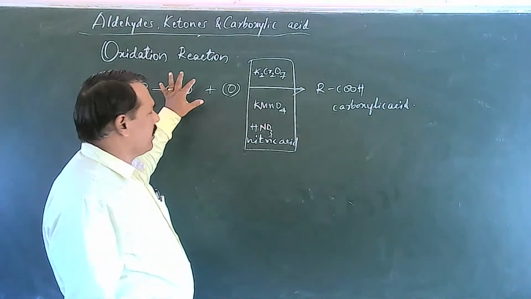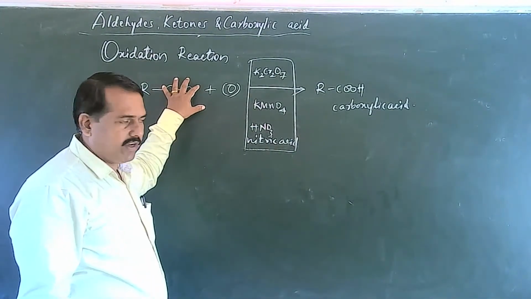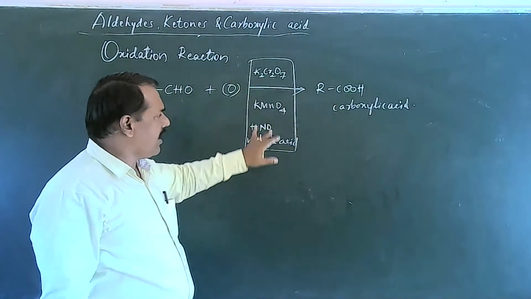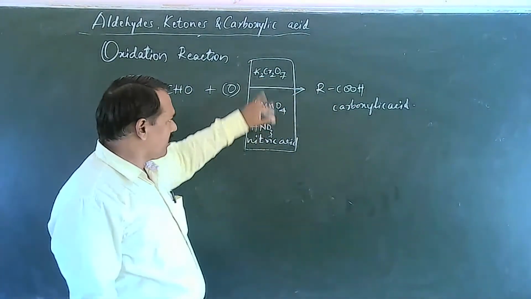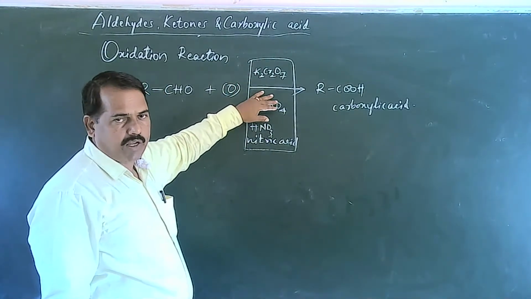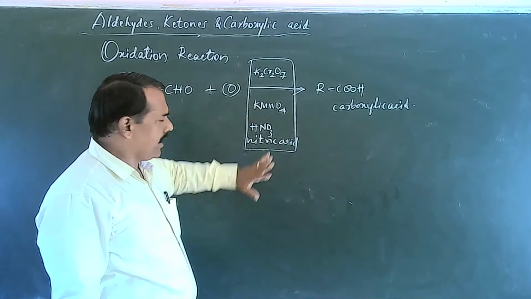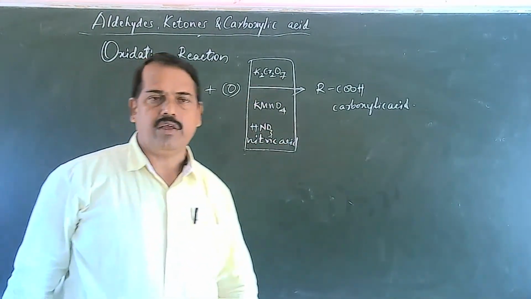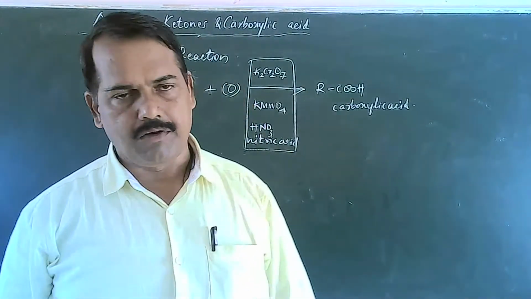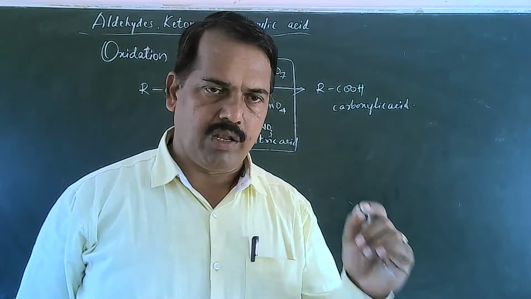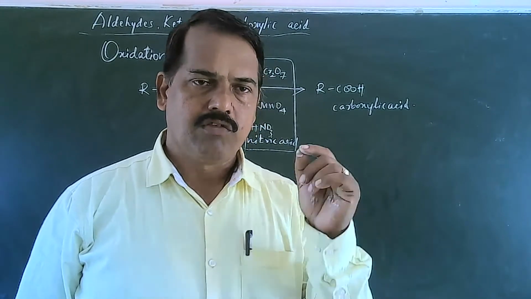Sometimes we will write the reactant side and even the product side. So the oxidizing agent you have to remember. This reaction takes place either by potassium dichromate or by potassium permanganate or by nitric acid. These are strong oxidizing agents. Are you clear? A very simple reaction, dear students, which you can easily remember.